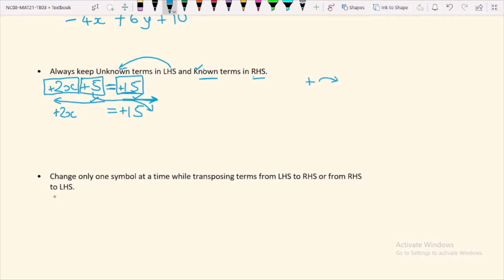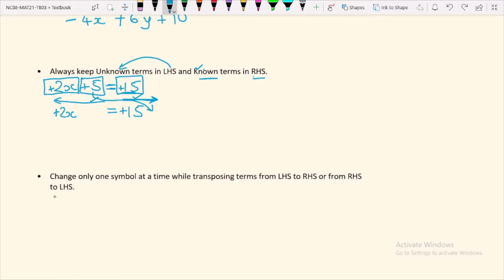Plus will convert to minus, and minus will convert to plus. Multiplication will convert to division. Division will convert to multiplication. So we have to remember this. If we remember this much, we can solve this easily.